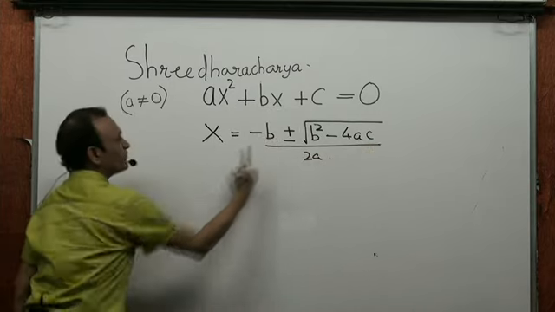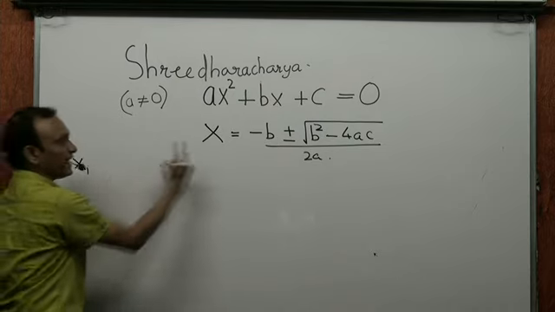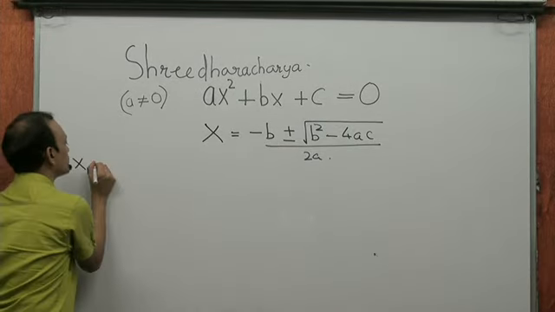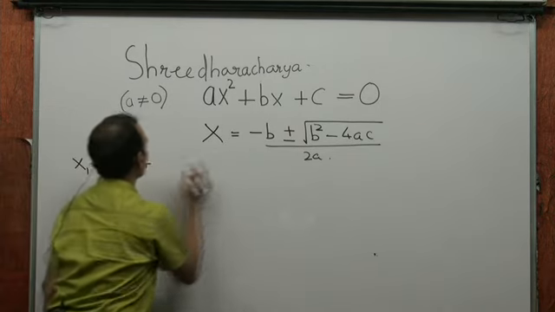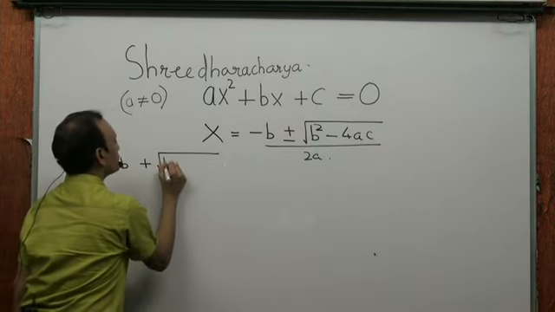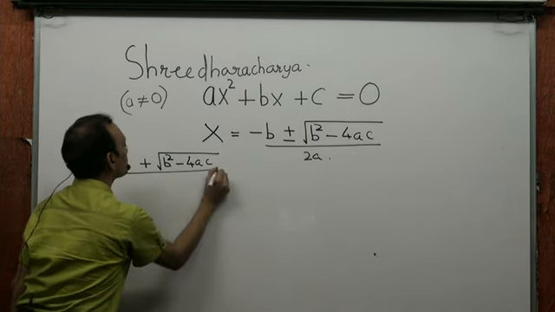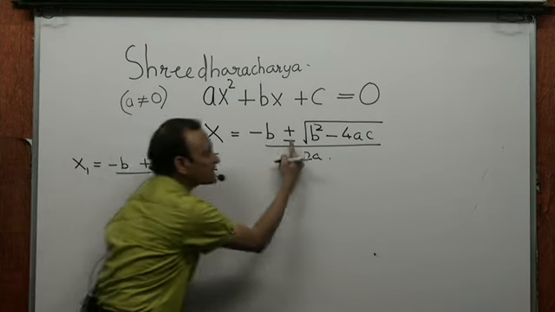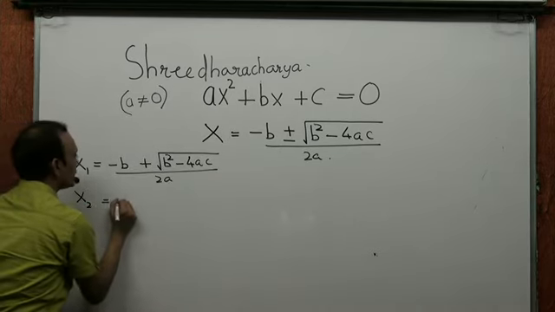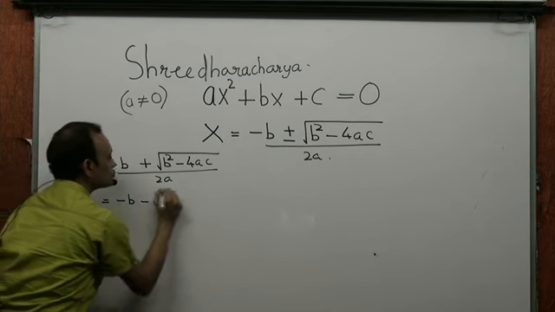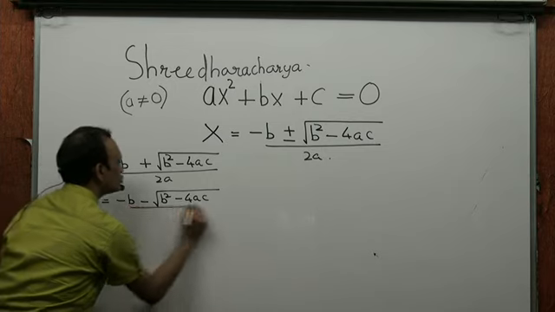Right? So if I took the plus sign, I get one root. One value of x can be x1, which is minus b plus root b squared minus 4ac by 2a. The other value of x can be obtained by taking the minus sign. x2 could be minus b minus root b squared minus 4ac by 2a.